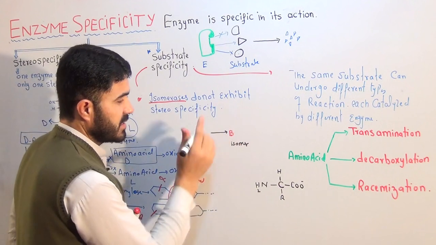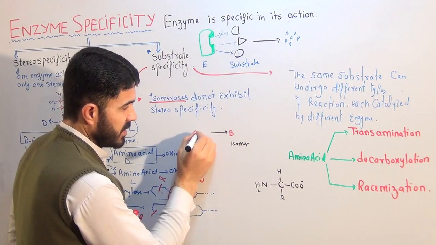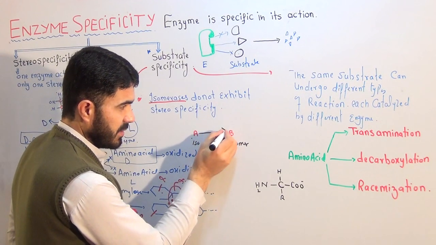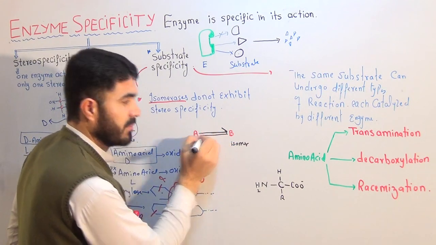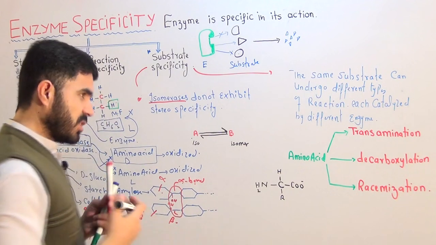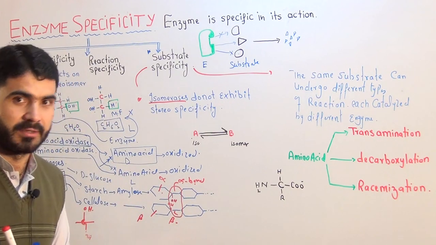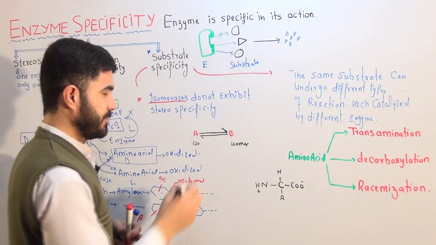This enzyme can convert A into B, and the same enzyme can convert B into A. It is just like racemase. Racemase is an enzyme.